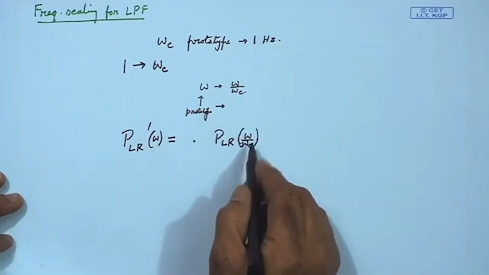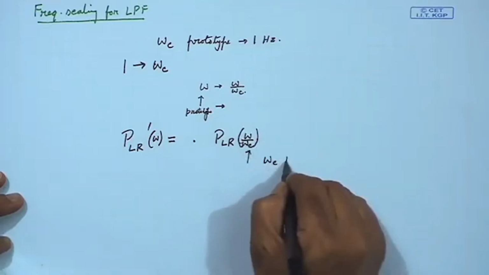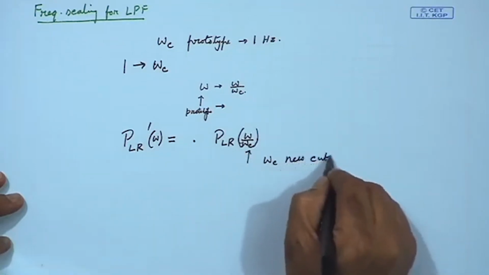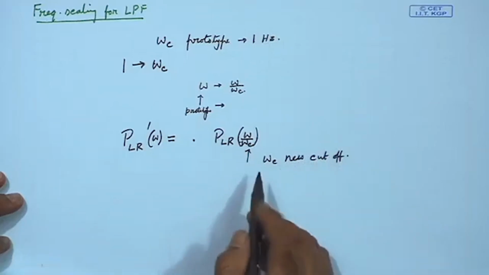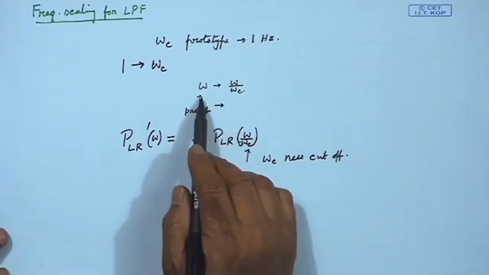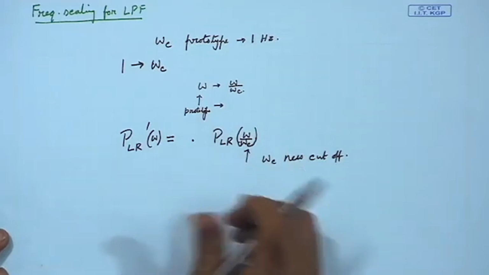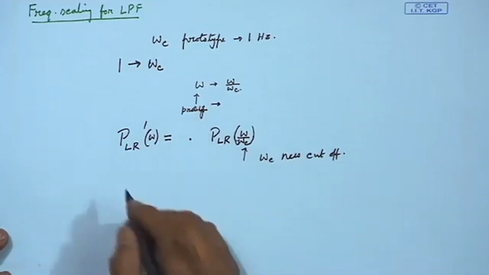So, here this omega c is the new cutoff frequency. When we do this, all the impedances also change.